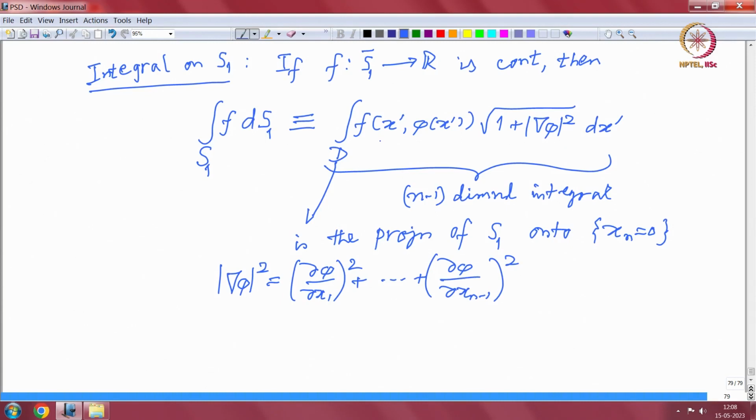In this discussion on integration on surfaces, we always deal with functions of n minus 1 variables, and this grad phi squared is with respect to those n minus 1 variables. They may not always be x1, x2, up to xn minus 1, but one variable is missing from x1, x2, up to xn.